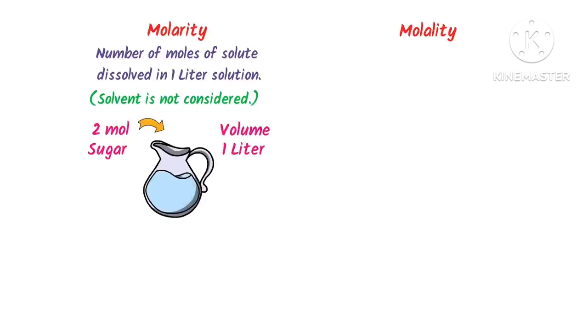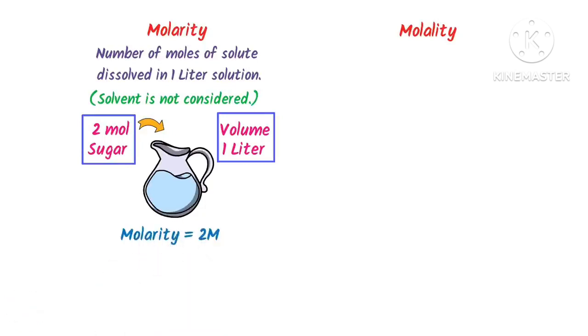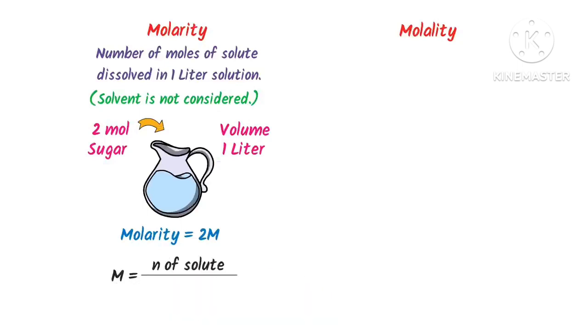So we say that the solute is sugar and we have dissolved 2 moles of it. The solvent is water. The volume of solution is 1 liter. So the molarity of this solution is 2 M because we have dissolved 2 moles of sugar in 1 liter. Remember that the formula of molarity is number of moles of solute upon volume of solution.